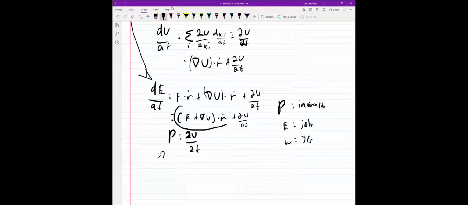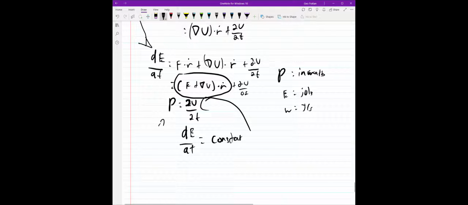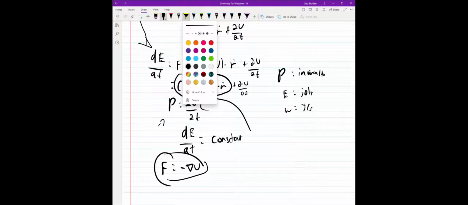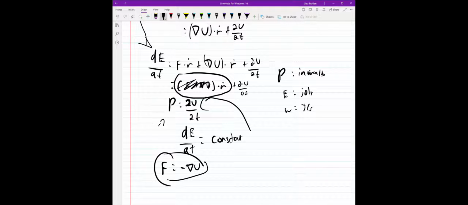Anyways, because this function right here is a scalar product, so that's a number, so dE/dt is constant. Let me write this as something that's probably more clear: dE/dt is equal to a constant, which is del U del t, because remember, F is equal to negative gradient of U. So this right here is 0.